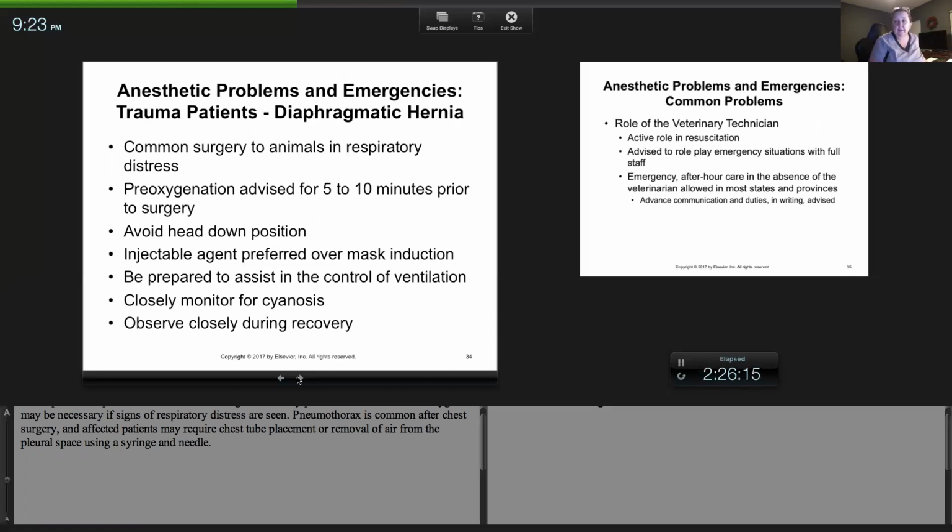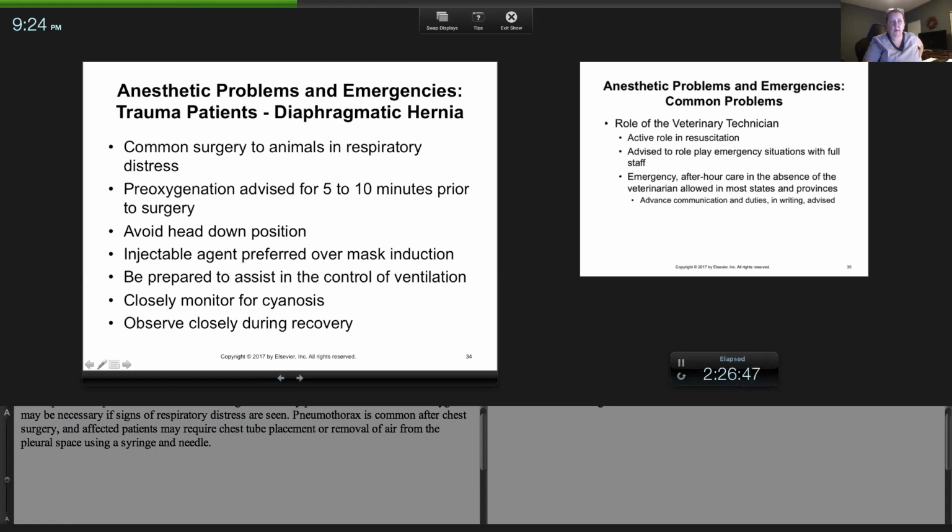Maybe as a puppy the diaphragm didn't form properly, and it doesn't show up till later in life. Either way, a lot of times they're going to present in respiratory distress, because usually abdominal contents go into the chest and it prevents the lungs from expanding. So they have trouble breathing.